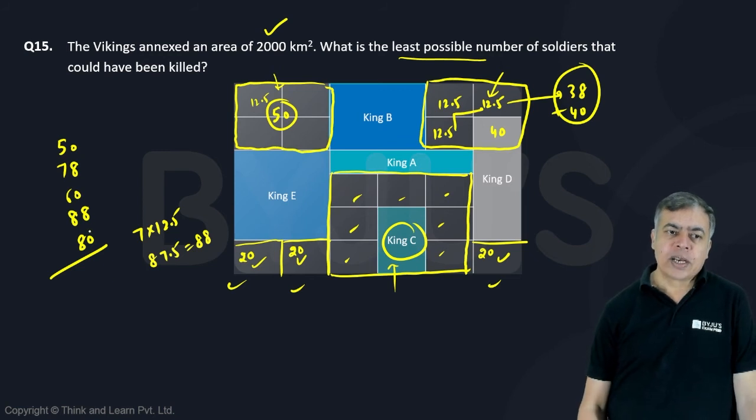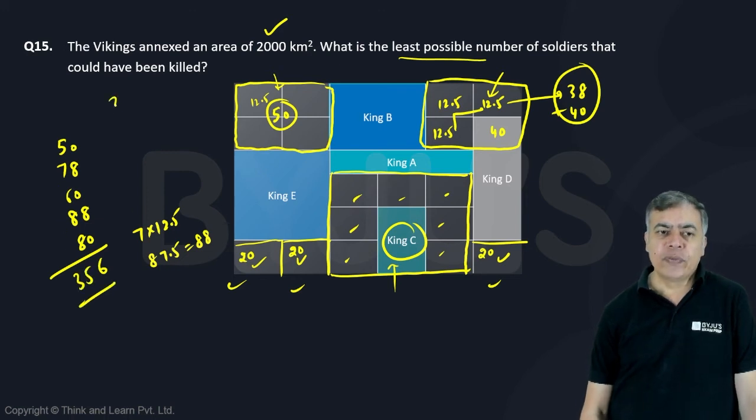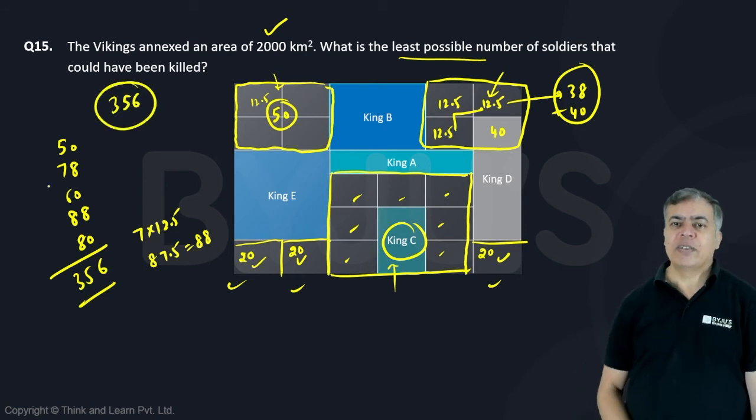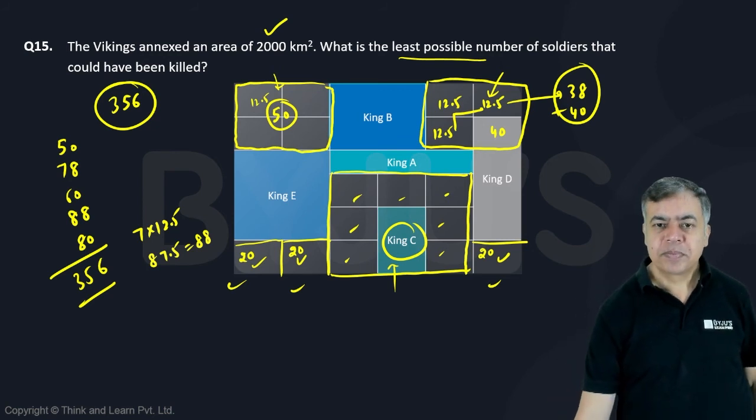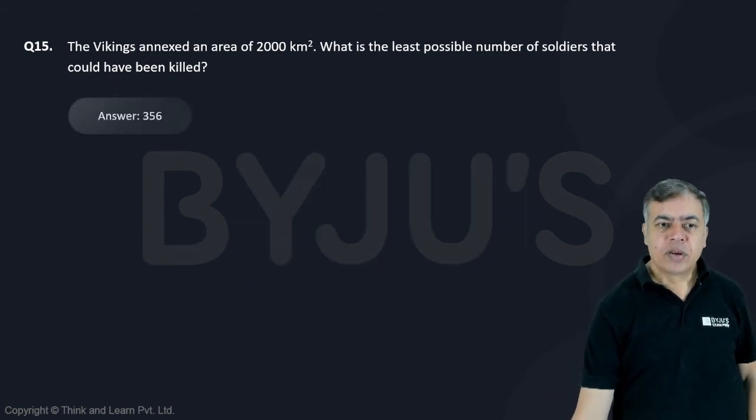So total becomes 356, so 356 should be the correct answer, the minimum number of soldiers that will be killed. Okay, let's see. Okay, yes, 356 is the correct answer.